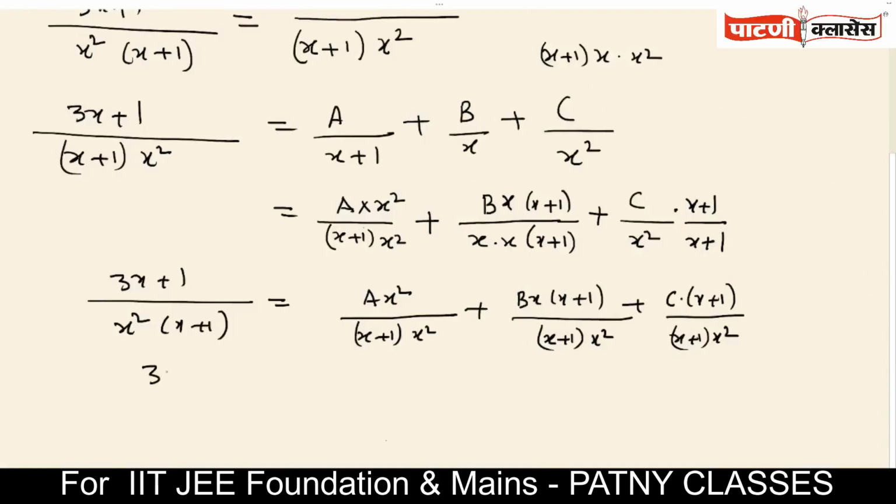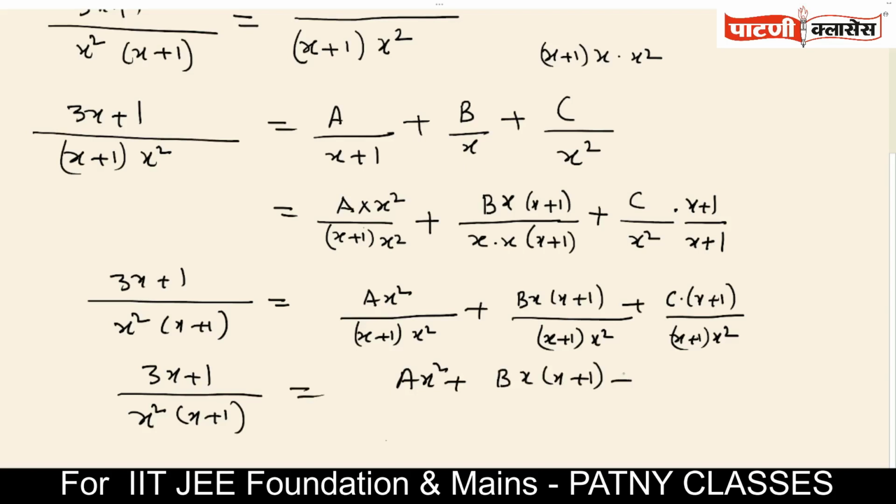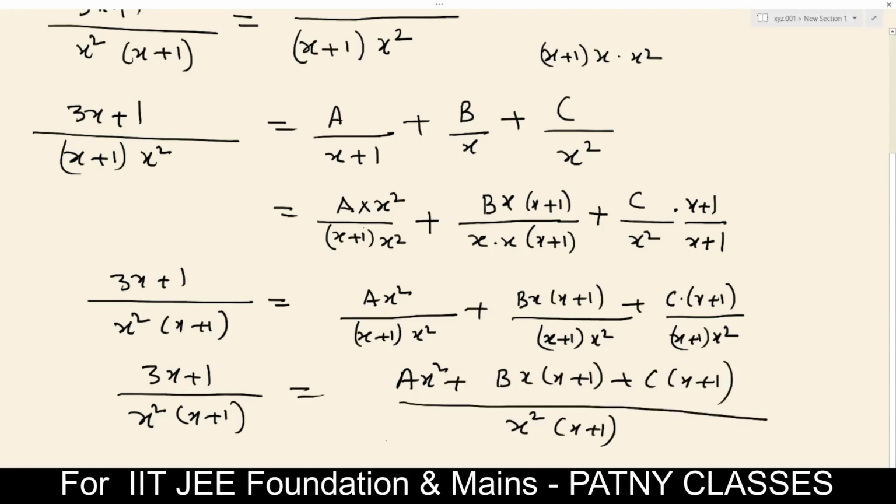Now next step, 3x plus 1, LHS as it is, but on the RHS all the denominators are equal. Therefore, we can write it as ax square plus bx into x plus 1 plus c into x plus 1 upon x square into x plus 1. All the denominators are equal. Therefore, I can add all the numerators. Now, in LHS and RHS, denominators are equal. So, cancelling them.